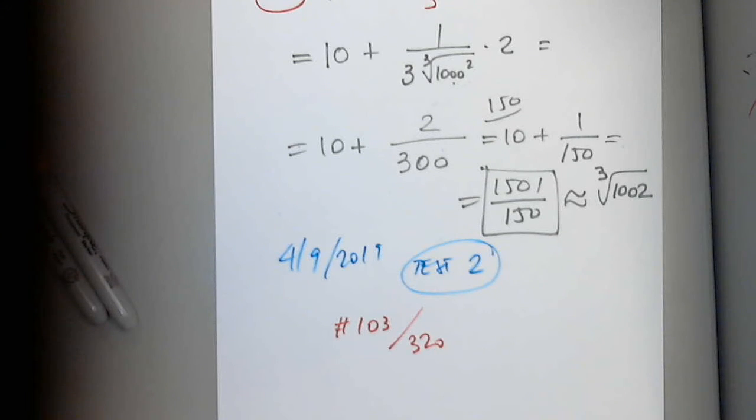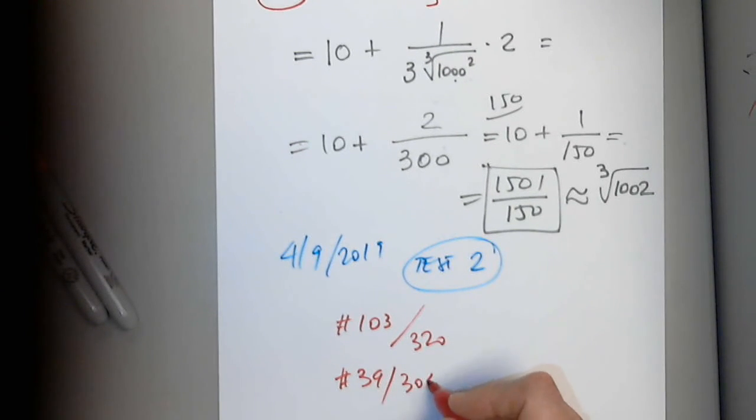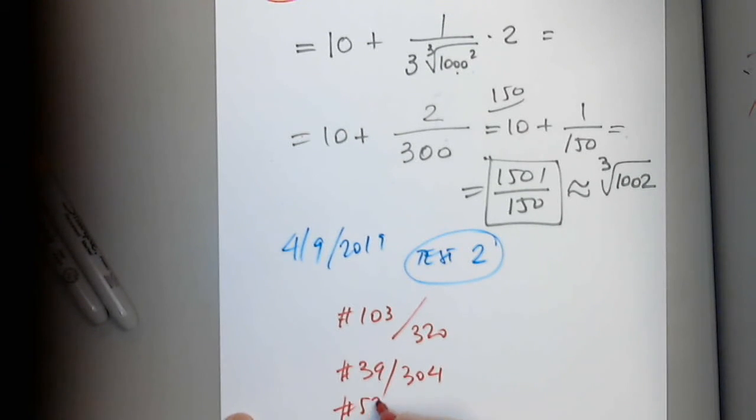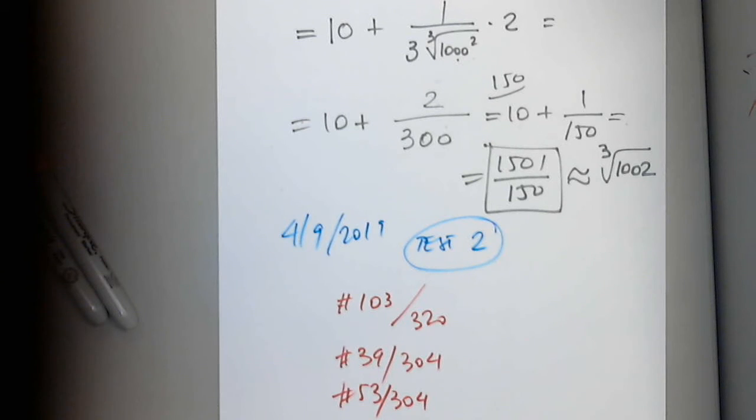Another problem, for example, like 39. We did that in class too, page 304. Or like 53 on 304. So that's from 3.1.